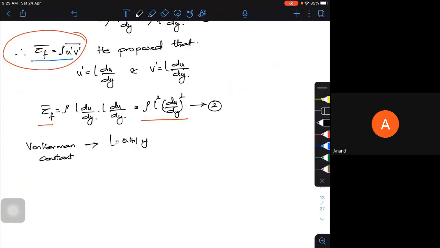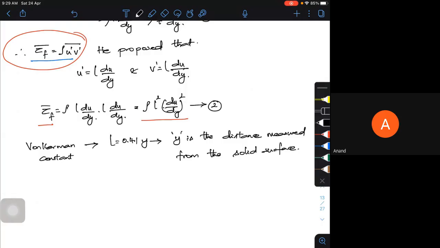What is this y? Y is the distance measured from the solid surface. He was able to come up with a value for L equal to 0.41 times y.